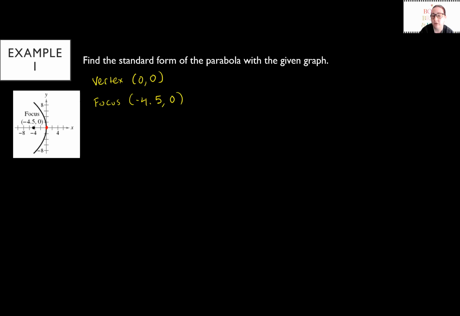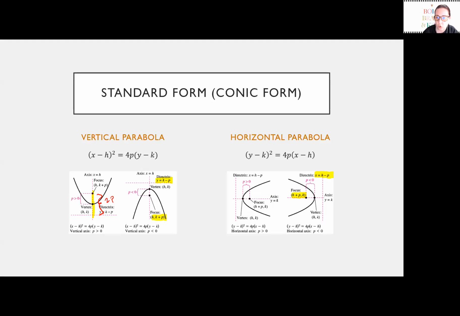So first you have to say, okay, is this a horizontal or a vertical parabola? This one is a horizontal parabola because it's opening along the horizontal axis. So you want to use your horizontal parabola formula. So it's y minus k squared equals 4p times x minus h.